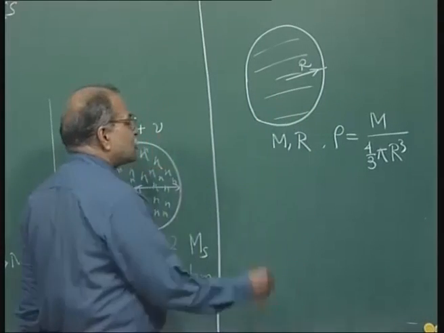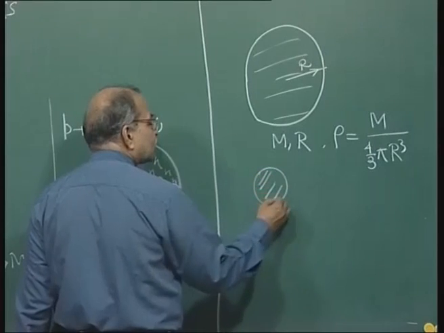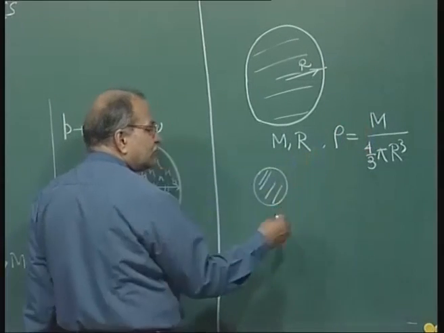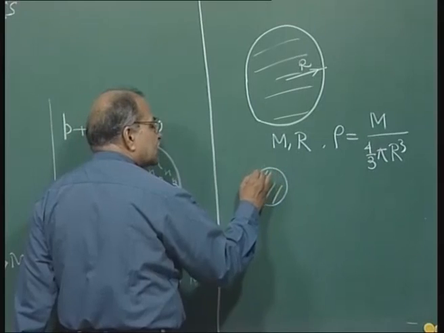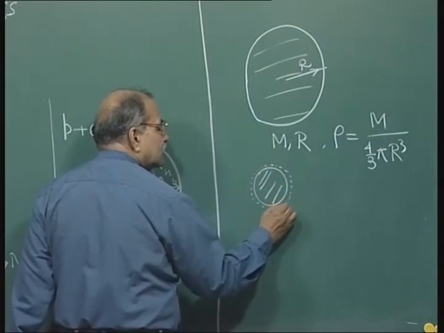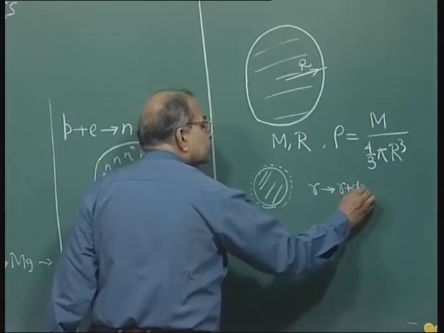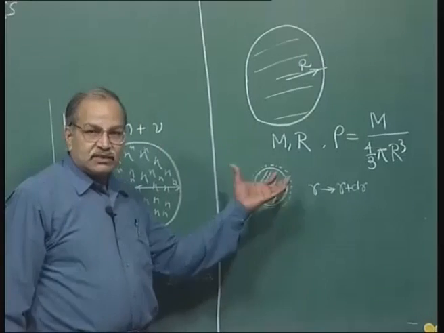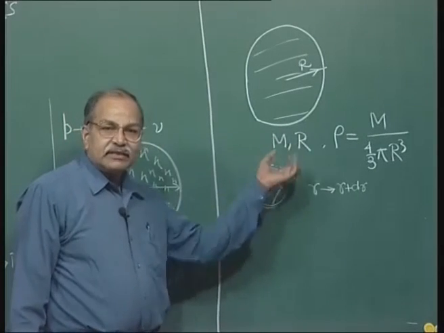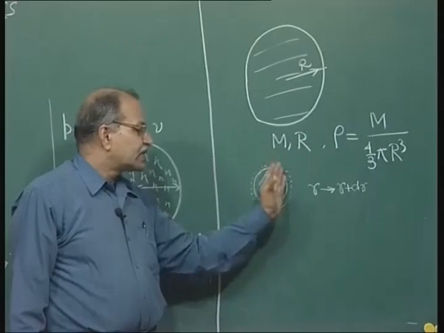So, when the radius is a small r, at that time you bring mass from infinity and put that mass here. So, that radius becomes r plus dr, and see how much work is done in bringing that mass from infinity and putting it here.